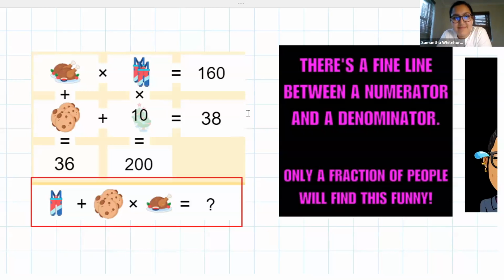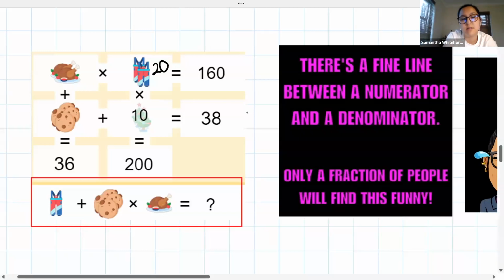So firstly, what I did was I worked down from the right side, and I said 200 divided by 10 equals 20. So then each of those things are 10 each.